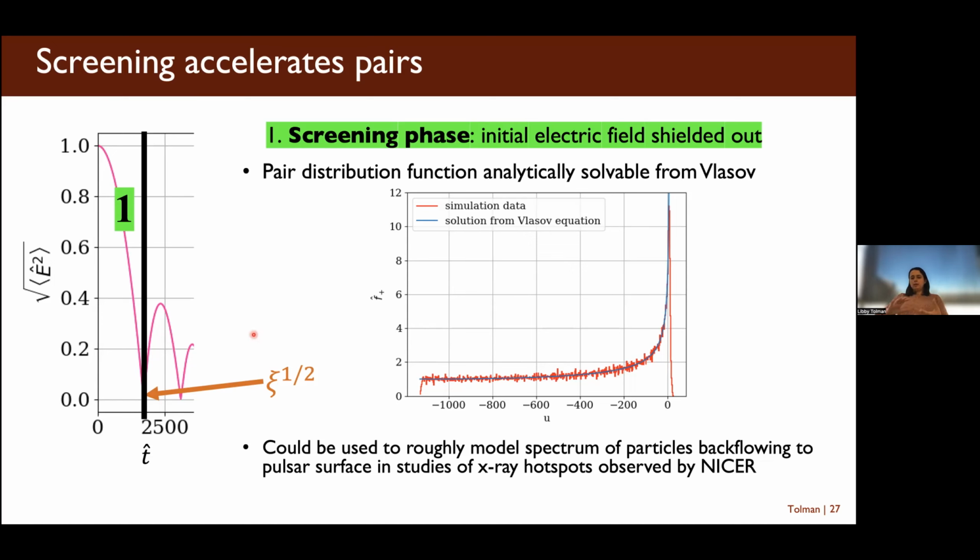When this discharge occurs, some of the particles will fly back at the surface, heat it up, and then that will radiate and create this hot spot, and that's observed by NICER. When people try to come up with models for this emission, they have some model for the neutron star surface, and then they need some distribution of particles to fly into that surface. So you could use a model like this for that work if you wanted to.